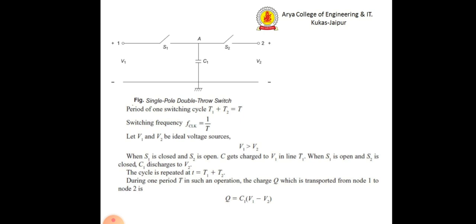Then C1 gets charged to V1 in time T1, and when S1 is open and S2 is closed, C1 discharges to V2.